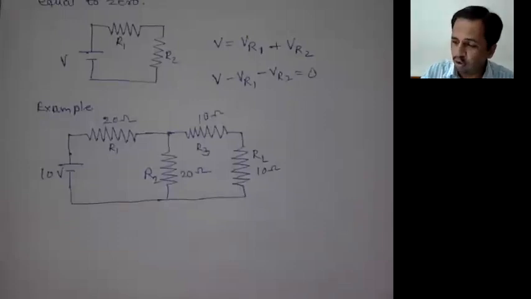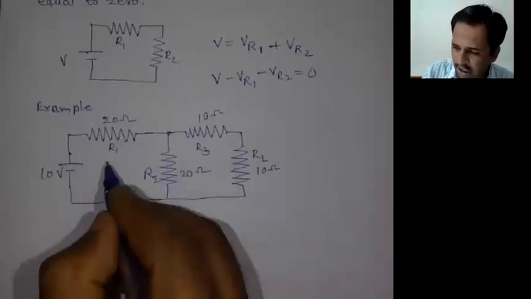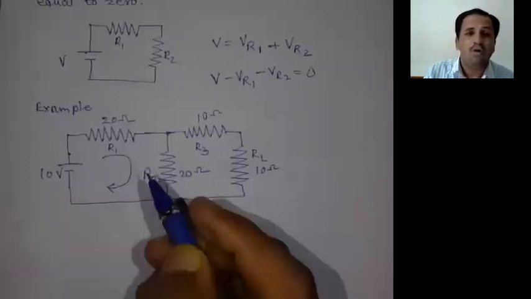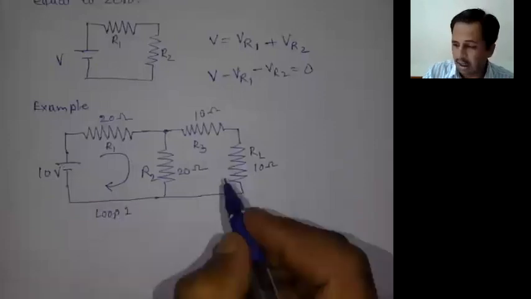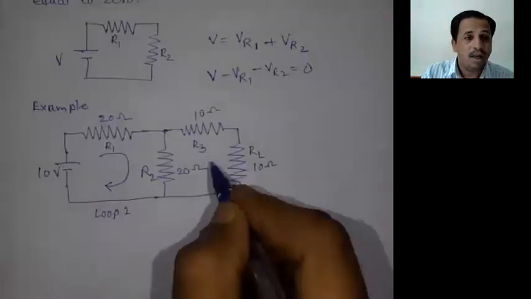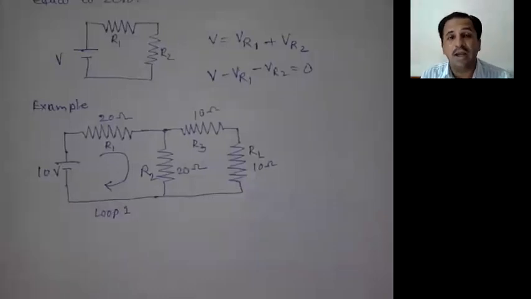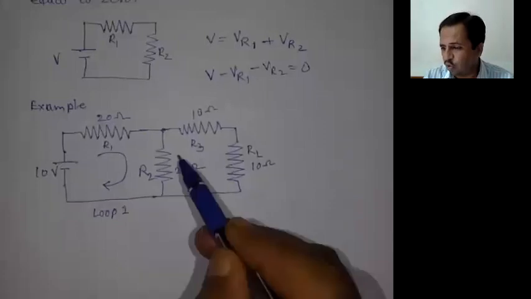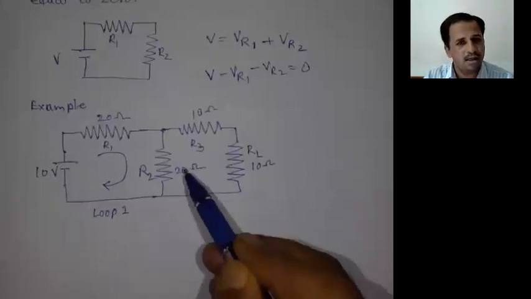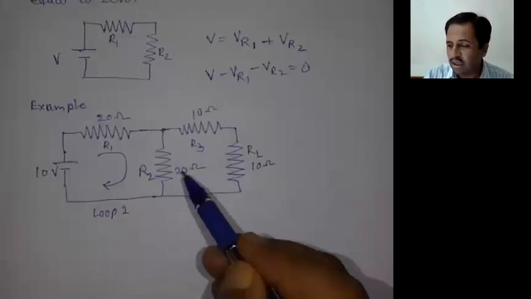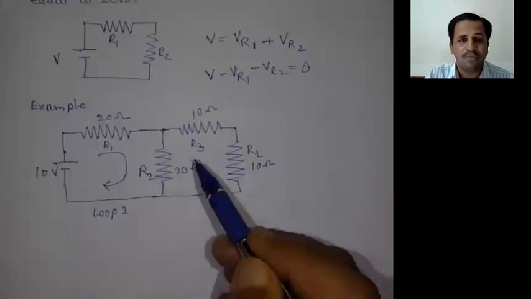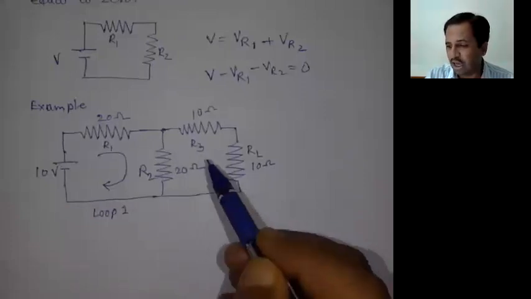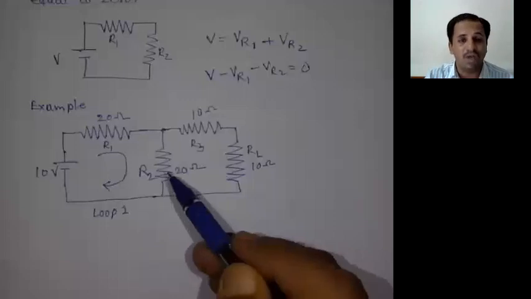For this case, we have to make the configuration. Here I write loop 1, and here I write loop 2. Now the direction of current is most important. How do you take the direction? Suppose I write the current direction like this, that is also possible. The current flowing through R2 and the other current from this loop, flowing through R3, RL and R2, are opposing each other.